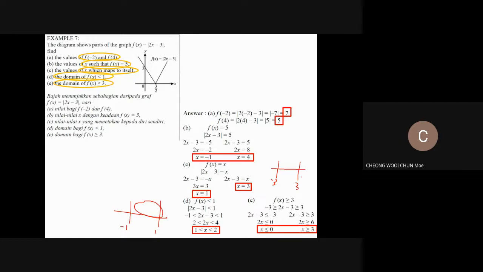One is greater than 3, that means it's over here, and one is less than -3, over here. That's why 2x minus 3 is less than or equal to -3, and this one, 2x minus 3 is greater than or equal to 3. So there are two answers.